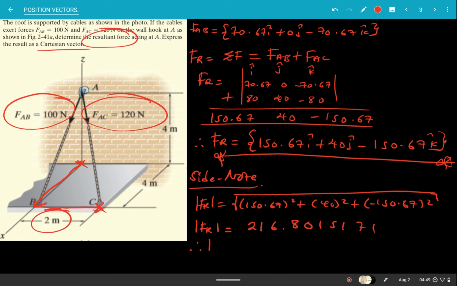If I round off to 2 decimal places, then the magnitude of the resultant will be 216.80 newtons. And that will be the value. So this is literally how you go about solving such a question under position vectors.